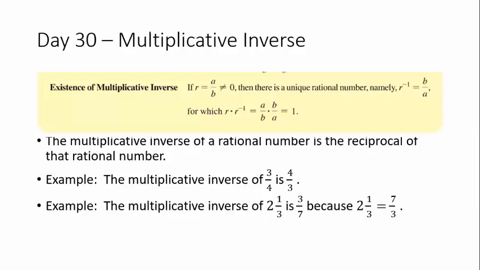The multiplicative inverse of a mixed number is found by first converting the mixed number into an improper fraction and then inverting. So we see that we have the mixed number 2 1/3 as an improper fraction. This is 7/3. And so the reciprocal is 3/7. Make sure you understand this and can do this.